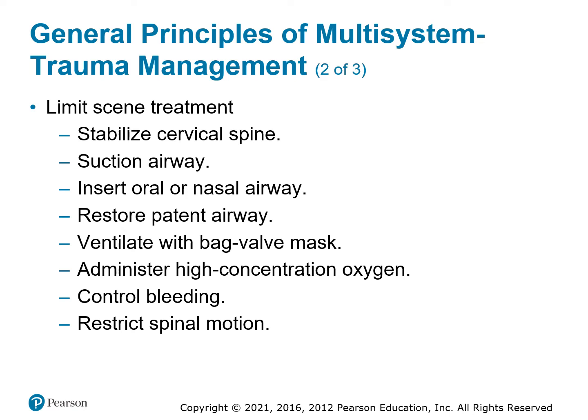As we talked about in the previous chapter, there's a lot going on with that cervical spine stabilization. Airway, ABCs, again in the primary survey. So suctioning the airway, inserting OPAs, NPAs, restoring a patent airway, ventilating them with the bag valve mask, administering high flow O2. So airway, airway, airway, and then control bleeding and restrict that spinal immobilization.